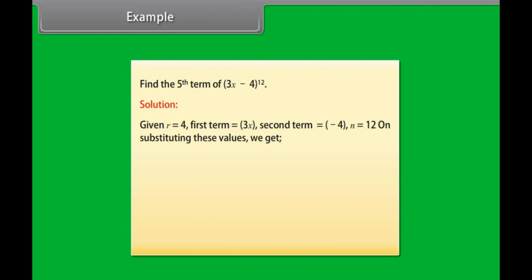On substituting these values, we get T5 is equal to 12c4 into 3x raised to the power 8 into minus 4 raised to the power 4. On solving, we get 8,314,0920 into x raised to power 8.